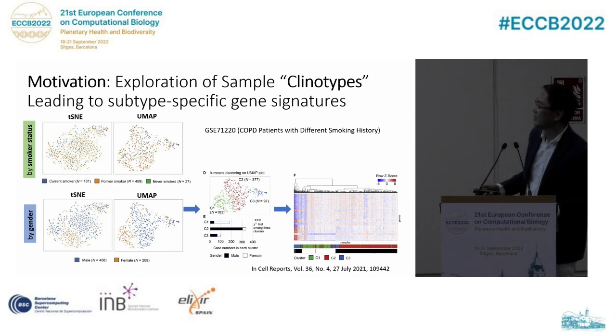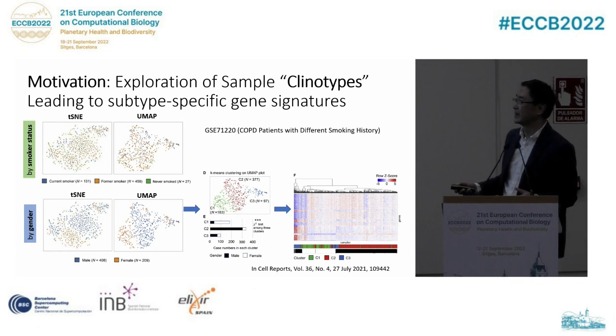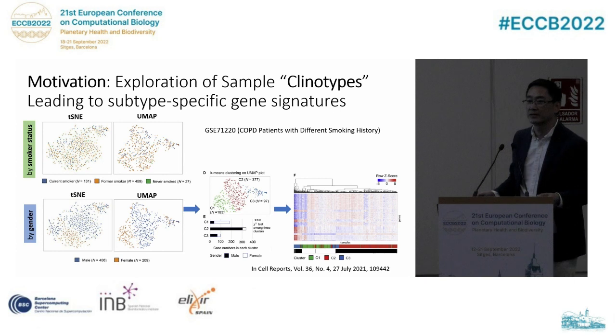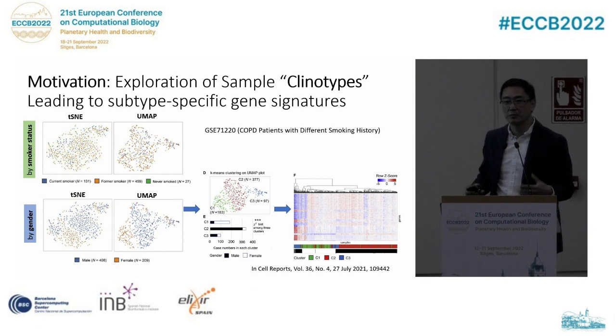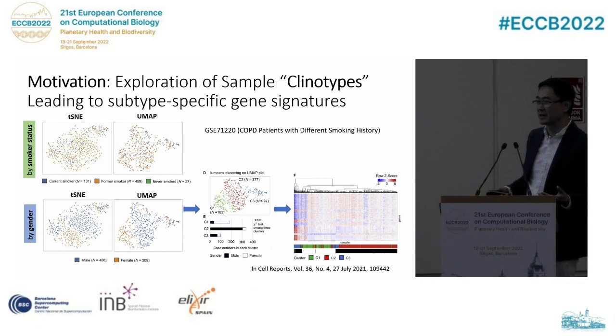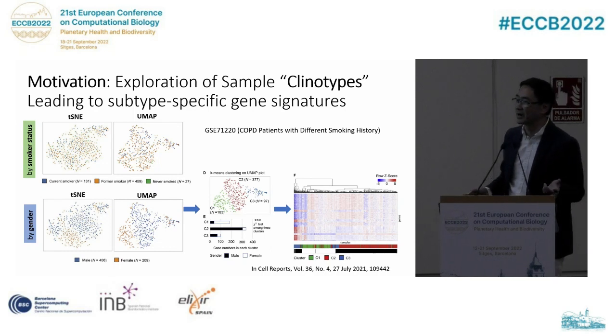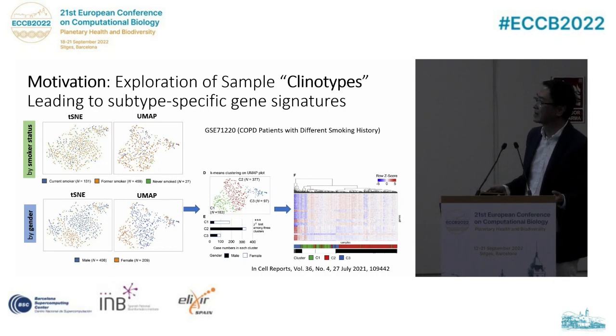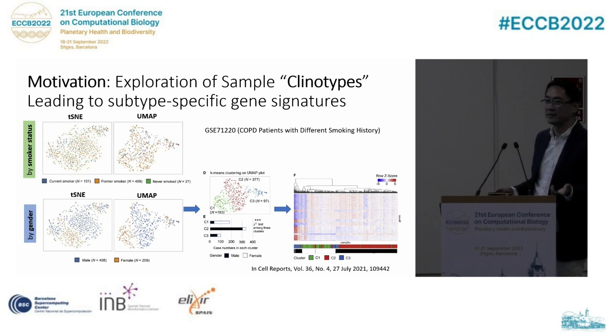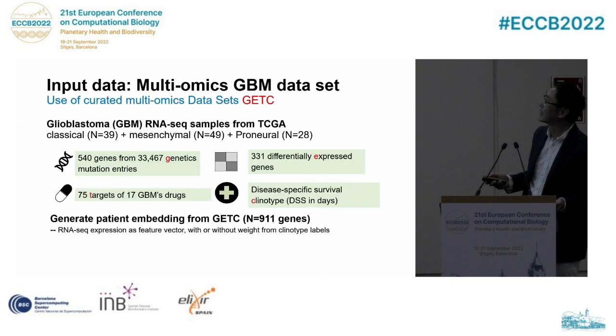So you have clusters that are gender specific, and the signatures are quite different. If you really want to find precision medicine tailored treatment, you first need to find the precision biomarkers. These biomarkers can also be heterogeneous, so you have to use clinical information, which we call clinotype.